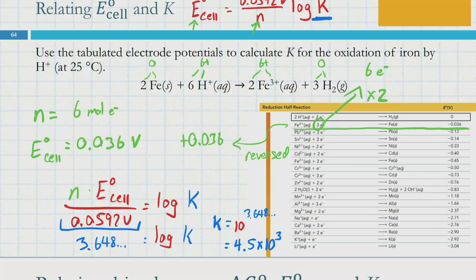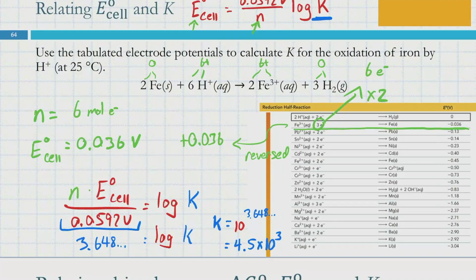I have a question. Yeah. For n, I know that it's the 6 moles of electrons. Would that ever be different? Yes, we have the 6 from the iron. So n does change depending on which half reactions you're mixing together.